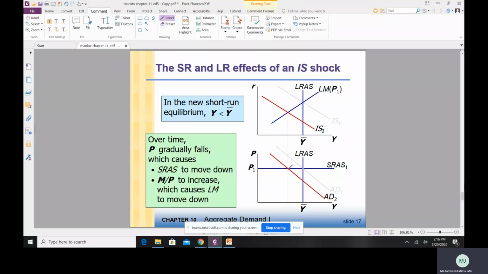So आप notice करें कि as a result, in the short run, Y is now less than Y bar. ठीक है? So अभी जो मैंने आपको टेबल दिखाया था उससे आपको पता चलना चाहिए कि over time prices will gradually fall, which will result in the short-run aggregate supply moving down, and this will also result in M divided by P increasing, which causes the LM curve to move down.